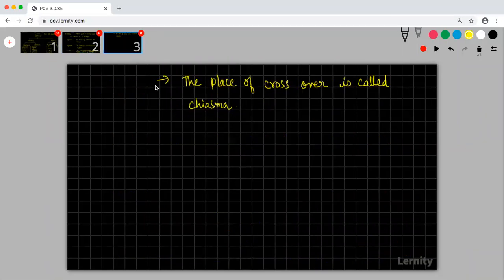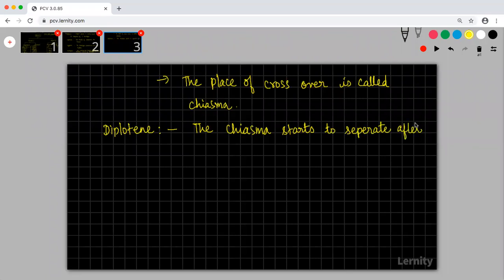Now let me go to the third slide. So after pachytene, what happens? You have diplotene: the chiasma starts to separate after the crossing over.